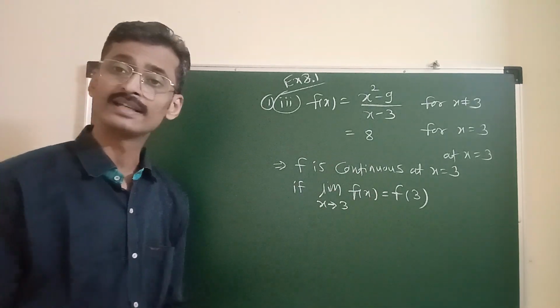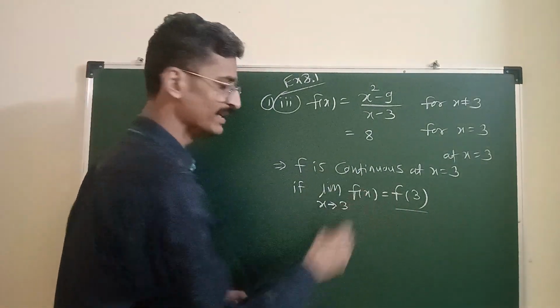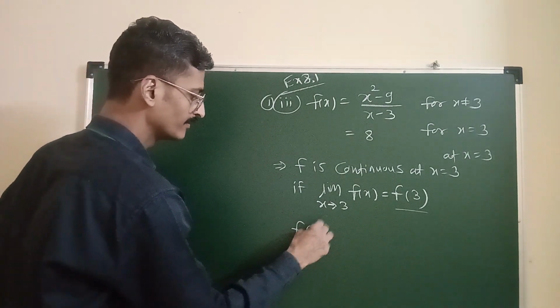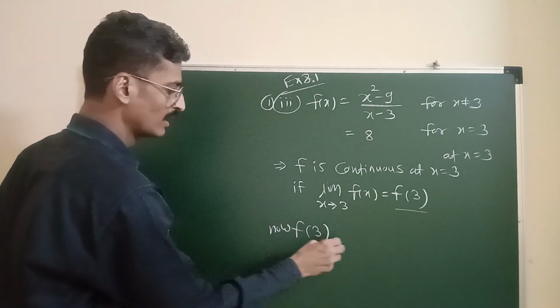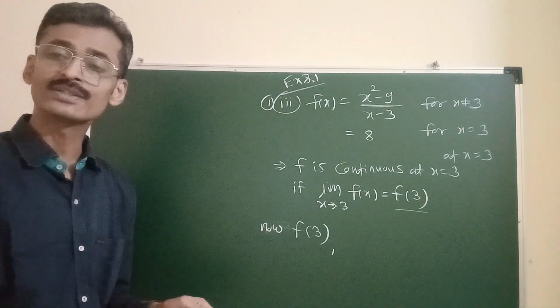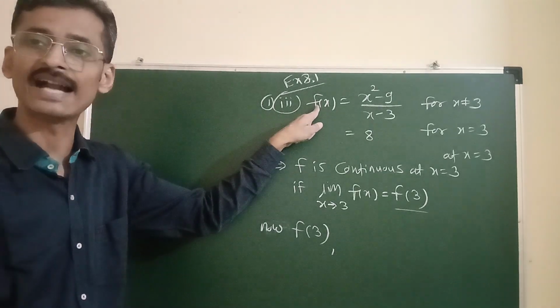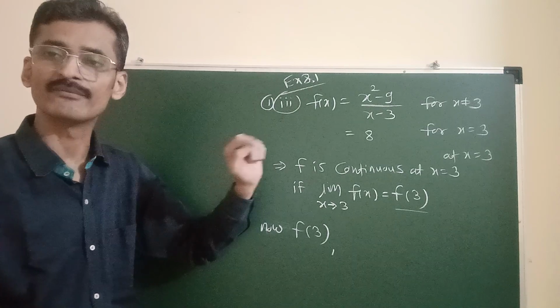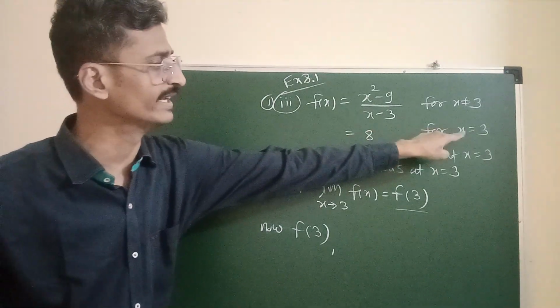Now first let us find this part, f of 3, which is simple. So what is the meaning of f of 3? F of 3 means the value of the function f(x) at x is equal to 3. Now in which part is the function given for x is equal to 3? Here.